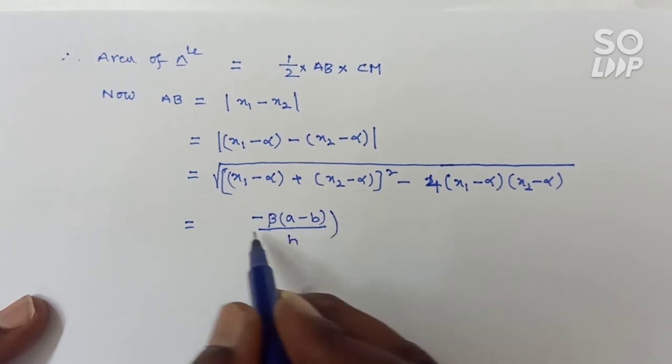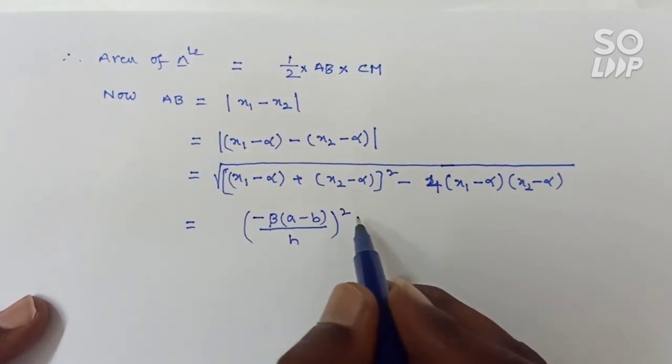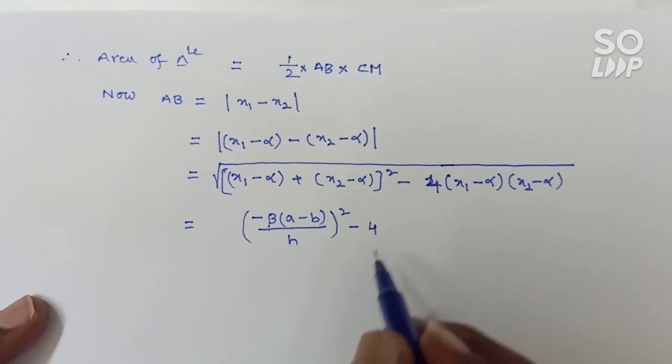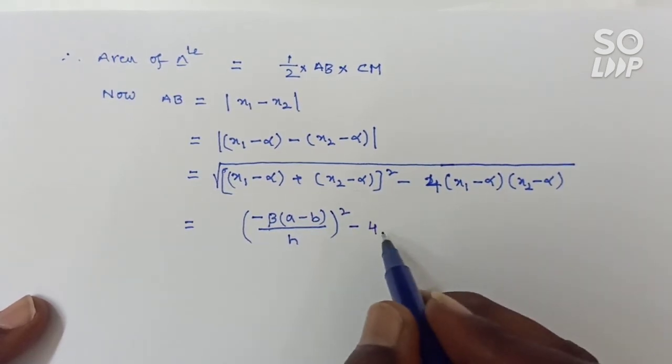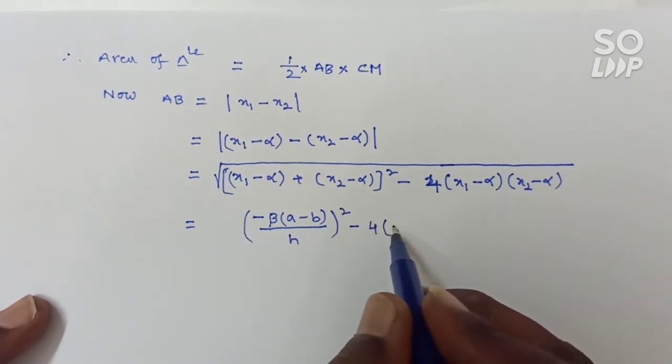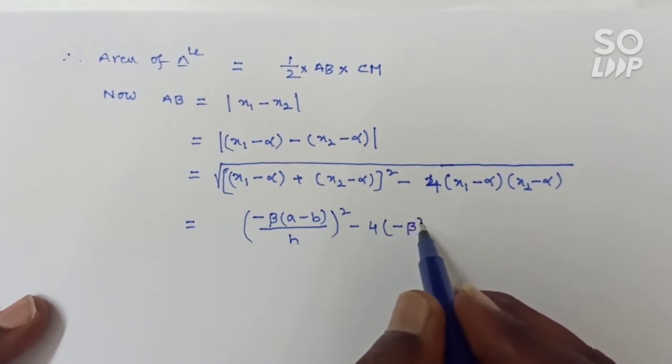Total this one is having whole square minus 4 into the product of the roots, that is minus beta square.